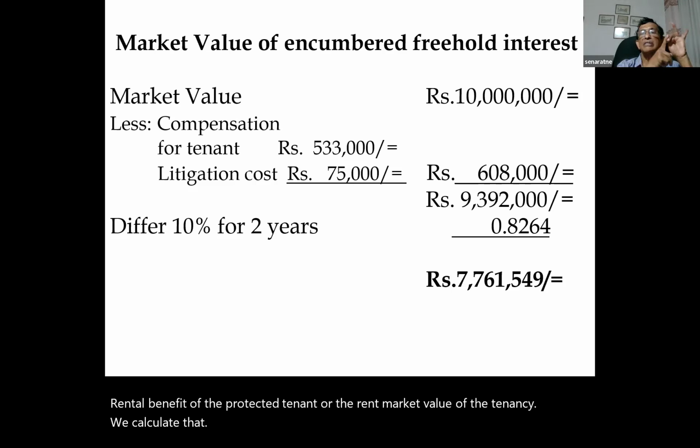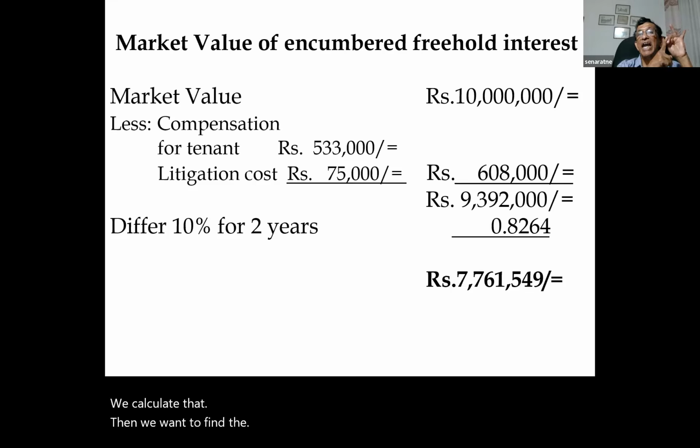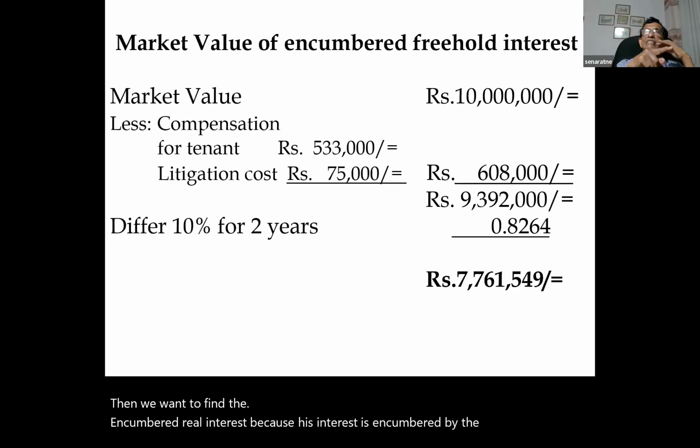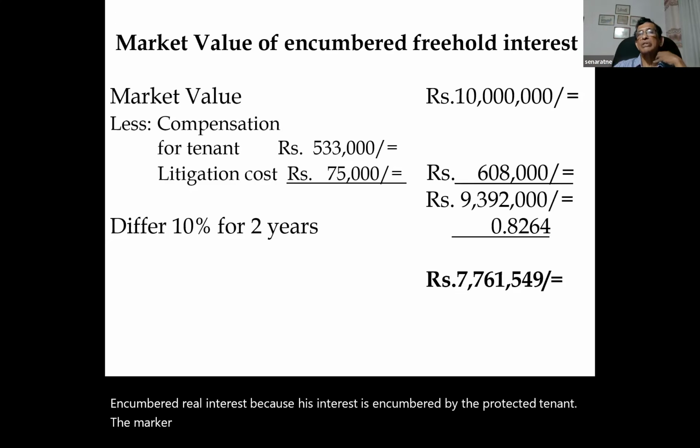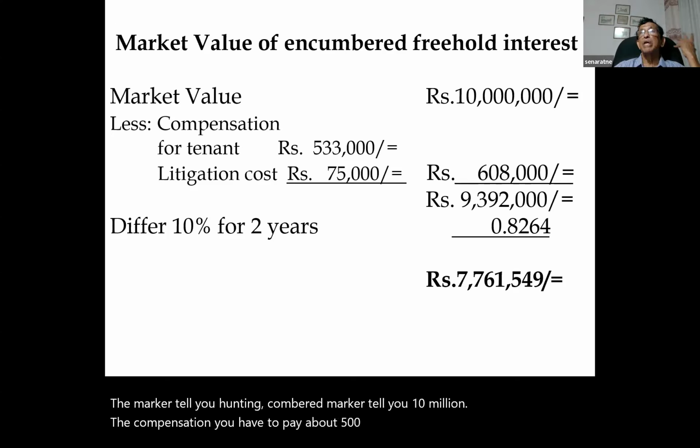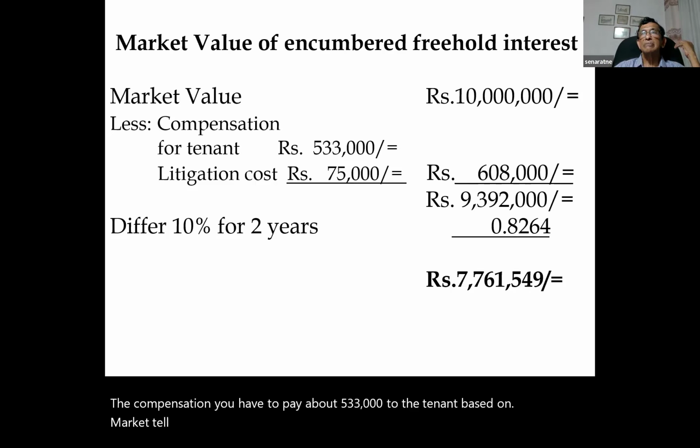Then we want to find the market value of the encumbered freehold interest, because his interest is encumbered by the protected tenant. The unencumbered market value is 10 million. The compensation you have to pay is about 533,000 to the tenant, based on the market value of rental benefit as calculated.